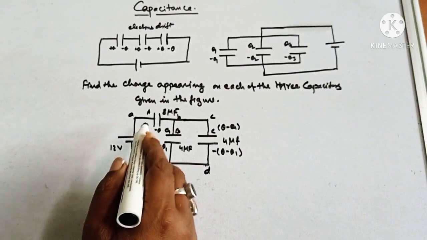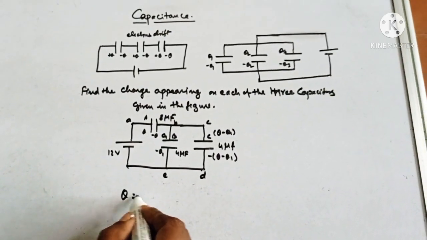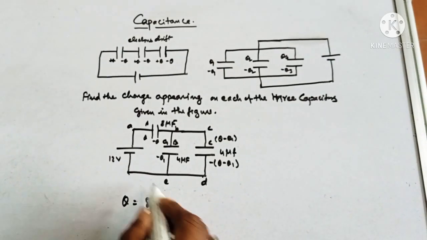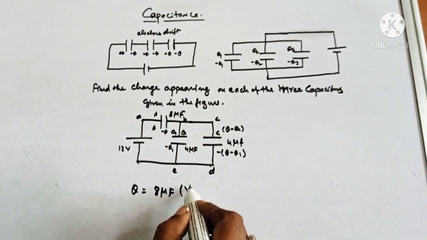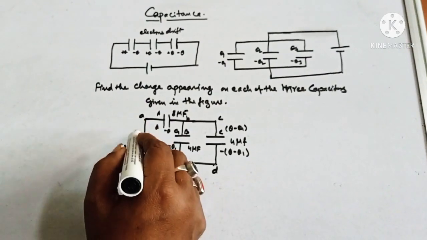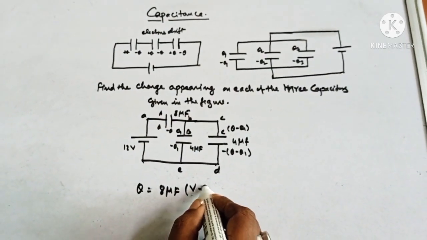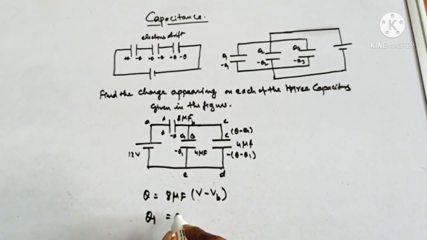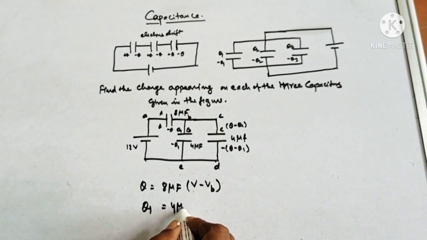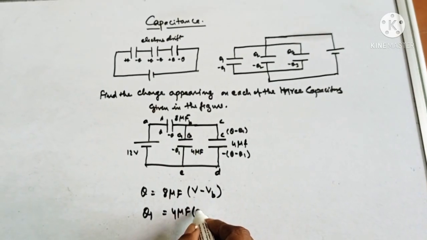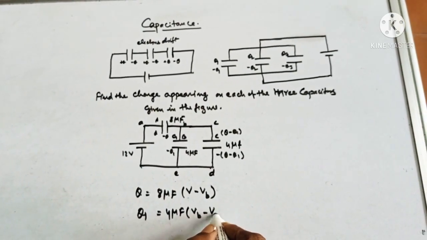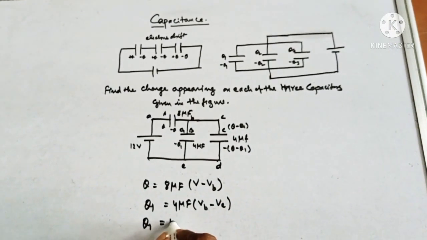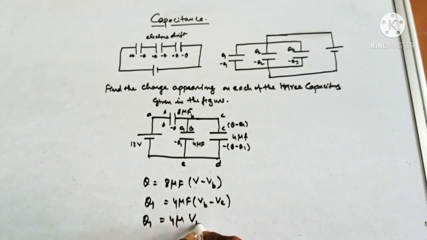Now this Q will be 8 microfarad, C into V, and V, that is VA, this is V because 12 volt, V minus VB, and Q1 will be 4 microfarad into VB minus VE, and since VE is 0, we can take Q1 is equal to 4 microfarad VB.